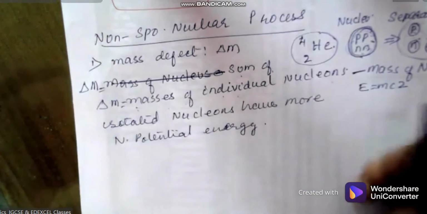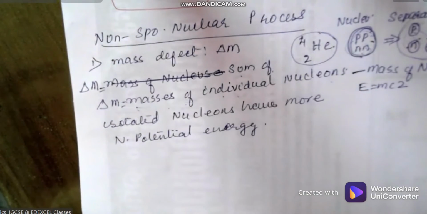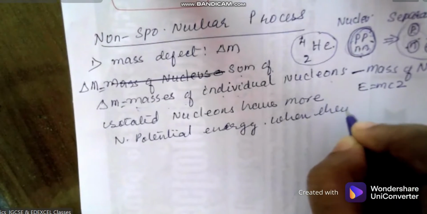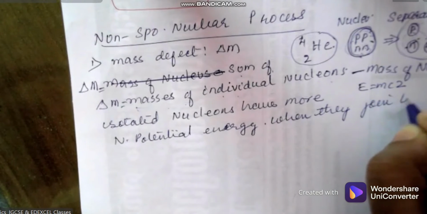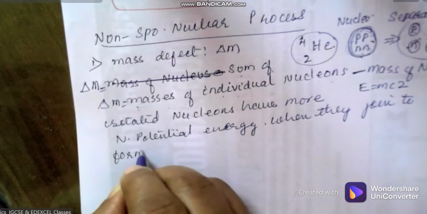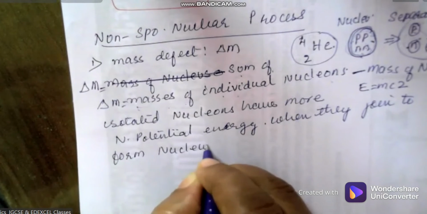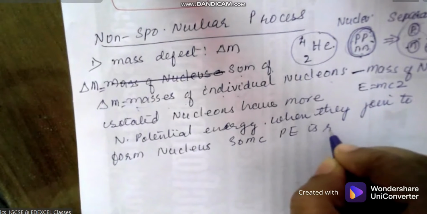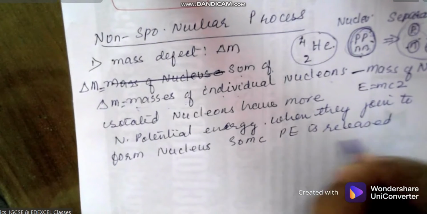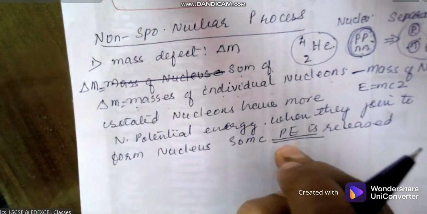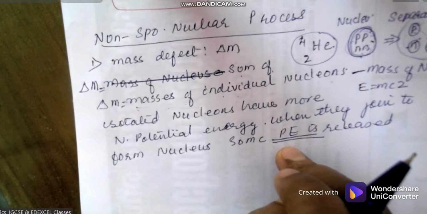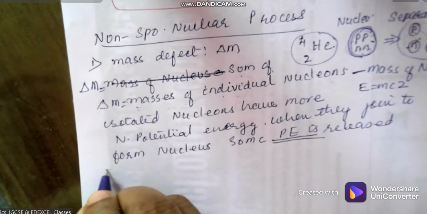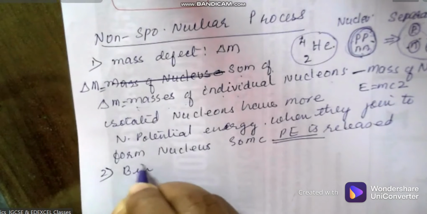And when they combine to form a nucleus, some of this potential energy is released. This potential energy is called binding energy. So that is the next one, binding energy.